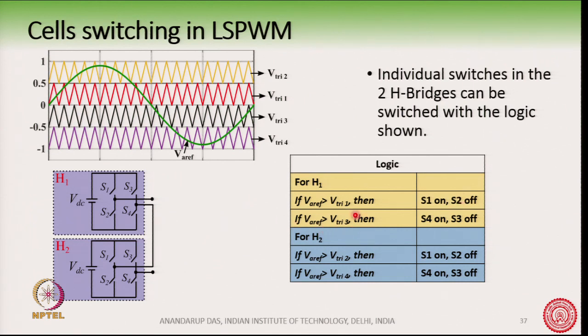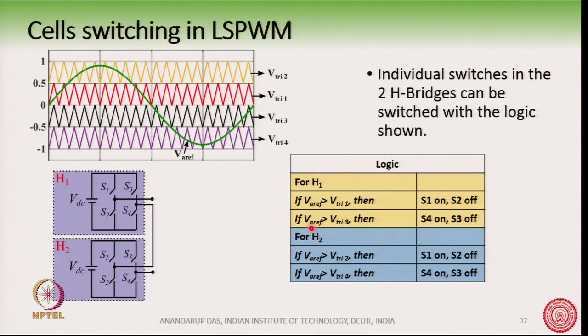If VRF is greater than V triangle 3, then S4 is on and S3 is off. By seeing these two logics, you can understand that if VRF is in this position, then S1 is sometimes turning on and sometimes turning off, because VRF is sometimes more than triangle 1 and sometimes less than triangle 1.